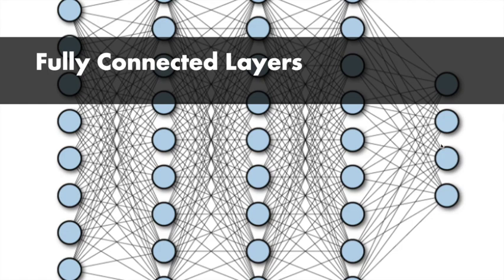Such a dense connection allows the network to detect global patterns that could involve all the input. That is why the last two layers of AlexNet are fully connected layers. The outputs are still independent from each other, conditioned on the inputs. So this is the first of the layers.